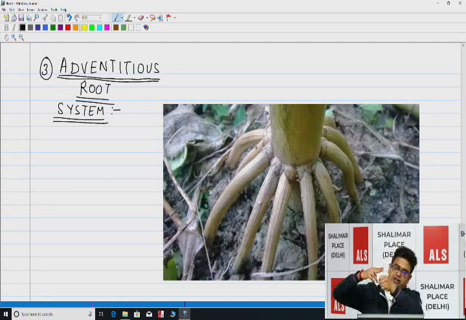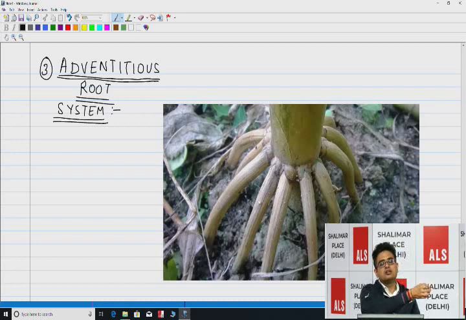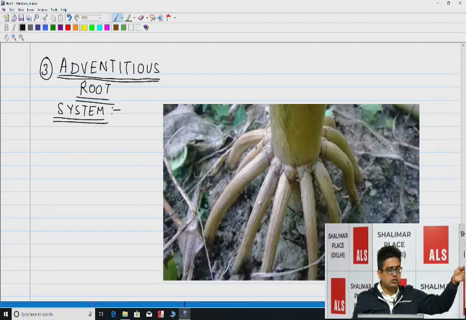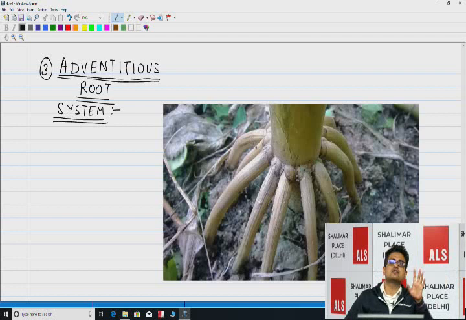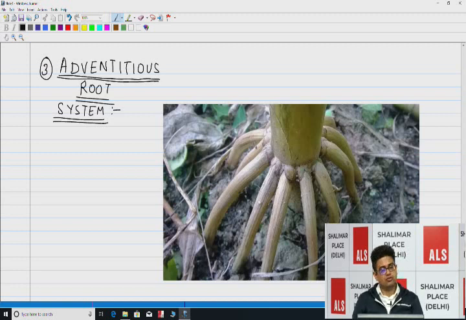You take some cutting, put it in water, or you can put it in soil also. And if you take a stem cutting of money plant and grow it in water, it will grow into a new plant. Why? Because that cut part of the stem quickly develops roots, right? So if a plant like this develops roots, it is called adventitious root, because it is not developing from the radicle or from the area surrounding the radicle.